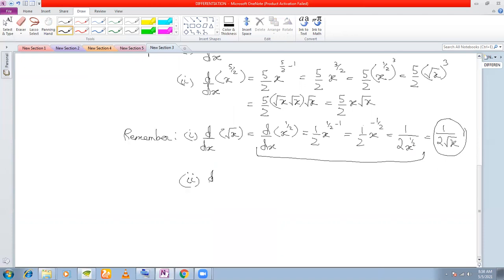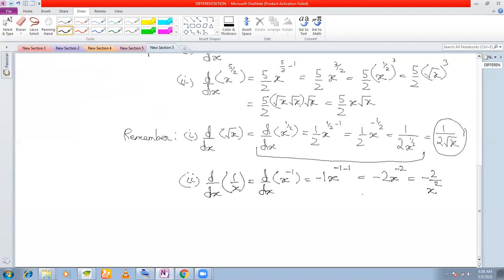Next, d/dx of 1 by x can be written as d/dx of x to the power of minus 1. Again using n x to the power of n minus 1, x to the power of minus 1 minus 1, so you get minus x to the power of minus 2, which is minus 1 by x square.